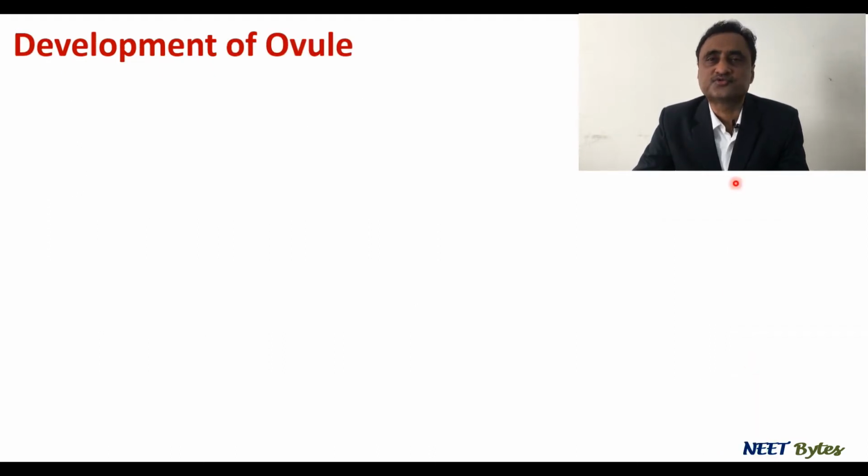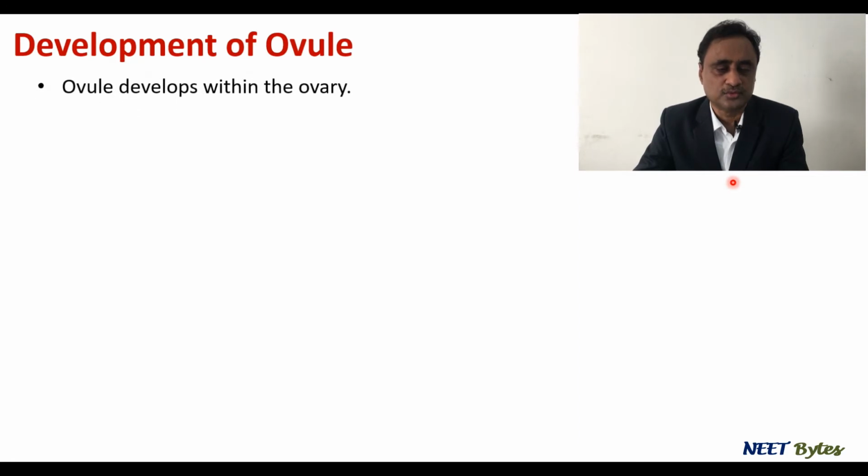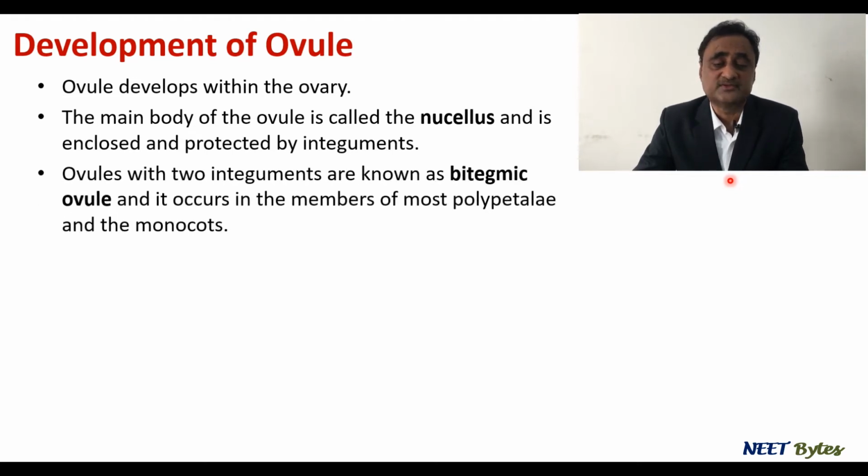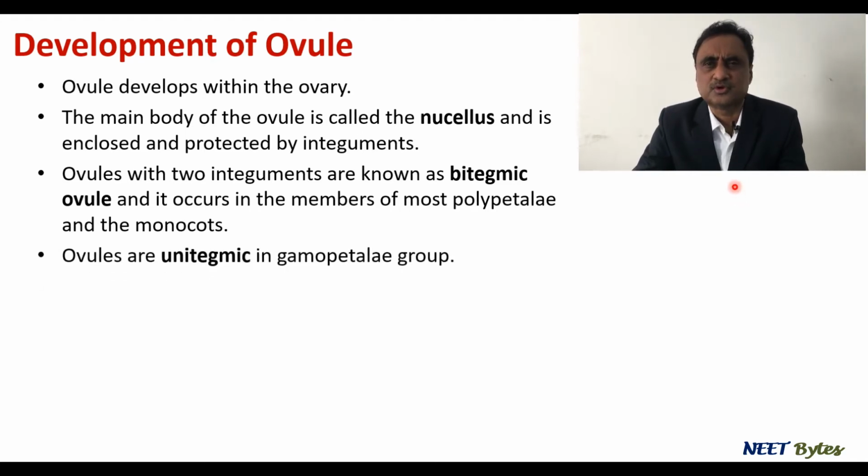So first of all, let's talk about the development of the ovule. We know very well, the ovule develops within the ovary, right? The main body of the ovule is called the nucellus, okay, and it is enclosed by integuments. In general, ovules have two integuments, we call them bitegmic, but in some cases the number of integuments can be one also.